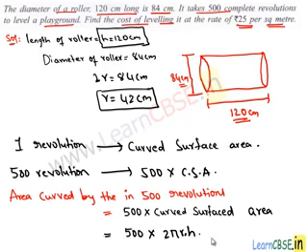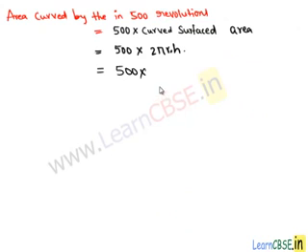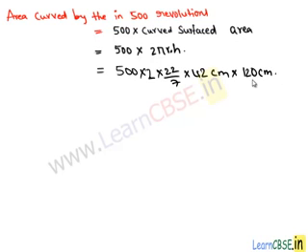Let's substitute their values, and we are given the value of pi, which is 22 upon 7, and the radius we got is 42 centimeters, and its height is 120 centimeters. Therefore in numerator and denominator we have 7 common factors. So 7 goes in 42 6 times. By multiplying the numerator we get 1548 into 10 power of 4 centimeter square. Here centimeter times centimeter is centimeter square.